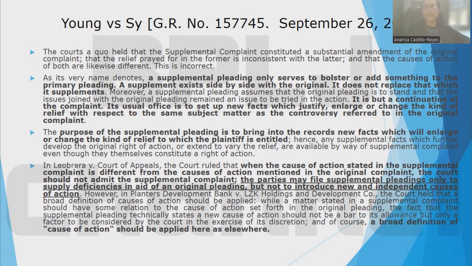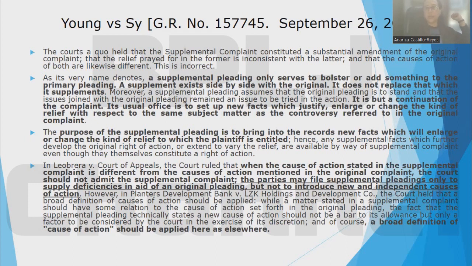Its usual office is to set up new facts which justify, enlarge, or change the kind of relief with respect to the same subject matter as the controversy referred to in the original complaint. The purpose of the supplemental pleading is to bring into the records new facts which will enlarge or change the kind of relief to which the plaintiff is entitled.